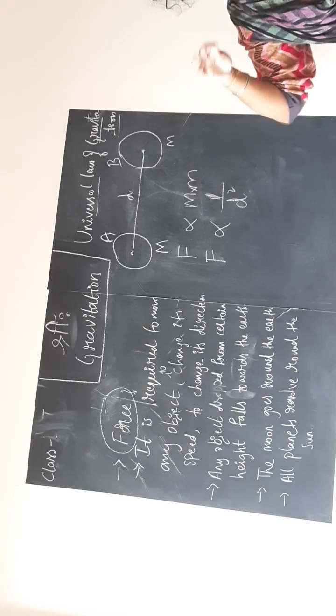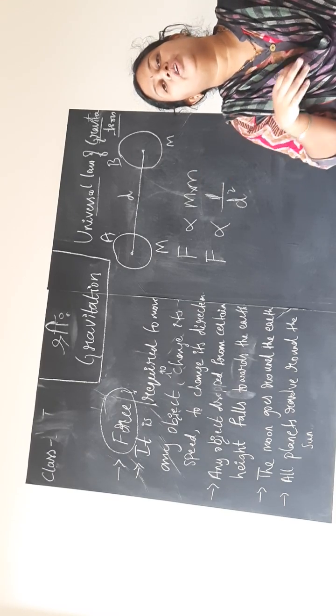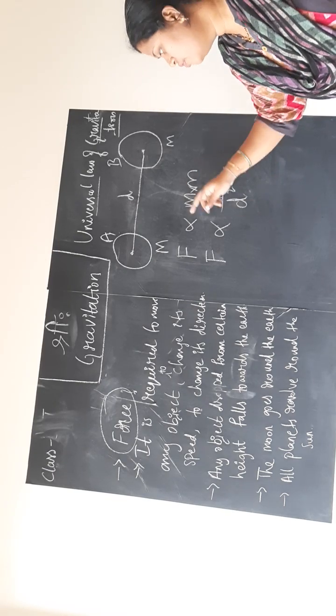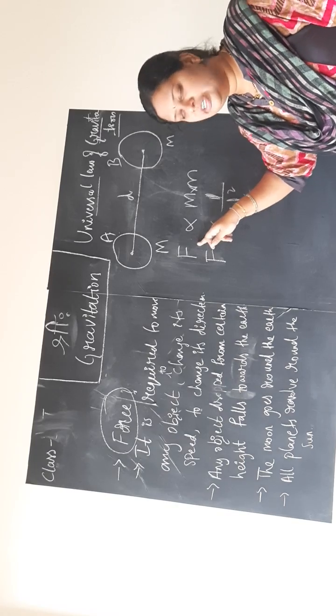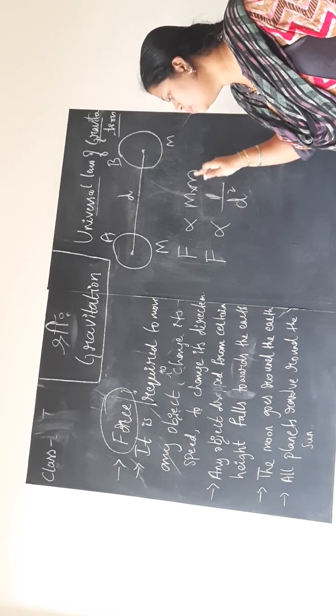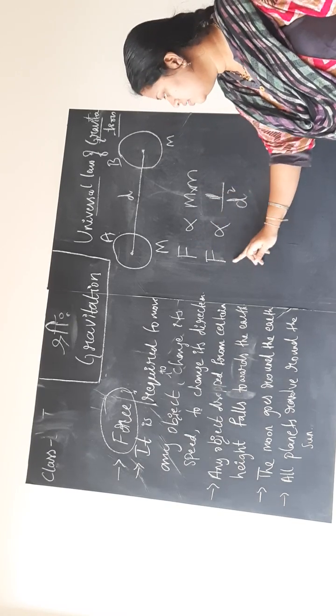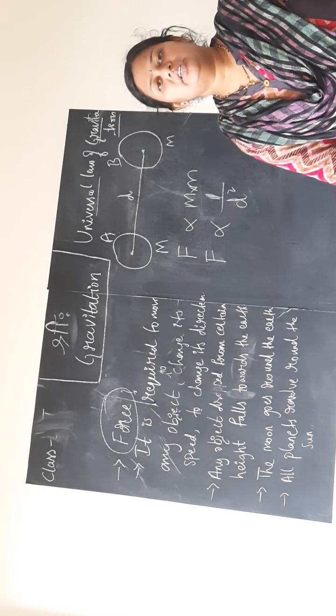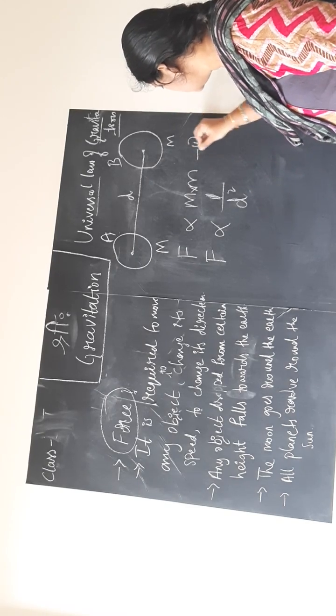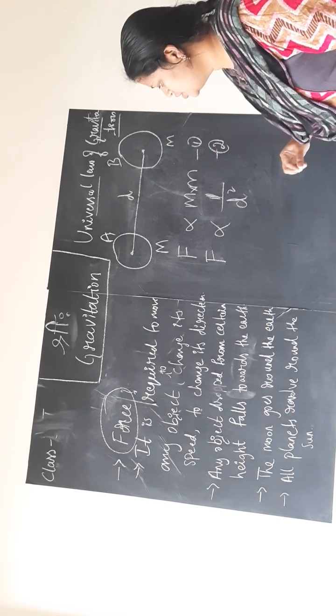The sentence they have given, children, we are putting in mathematical form. The force of attraction between any two objects is directly proportional to the product of their masses and inversely proportional to the square of the distance between them. Call this equation 1, call this equation 2.